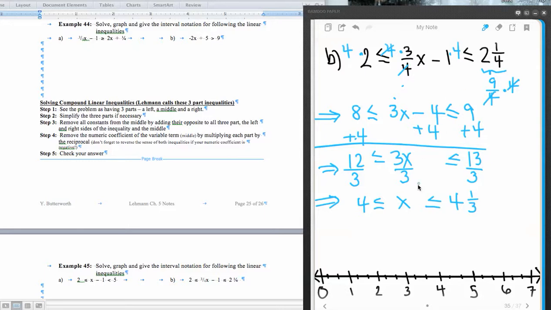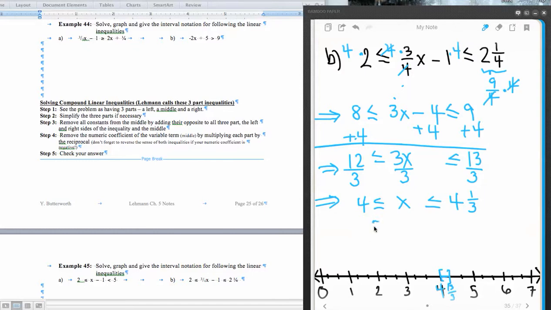So now I'll go ahead and graph this on the number line. I'm going to locate my left endpoint, and I'm going to put a left bracket on it, because that is the left side and it is included. And then I'll locate my right endpoint, which is 13 thirds, right there, and I'll put a bracket on it, and then I'll put a line between those.